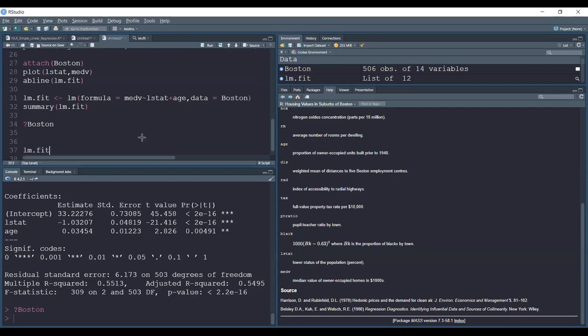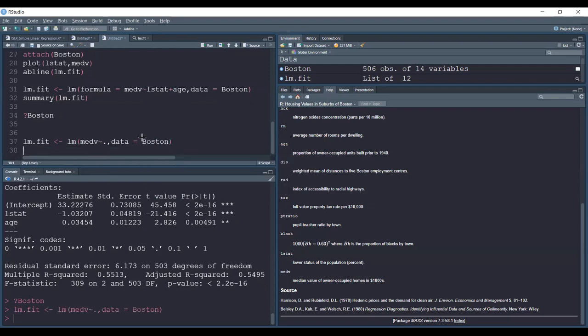So lm.fit, lm, median value, dot, data Boston. There we go. Let's summarize.